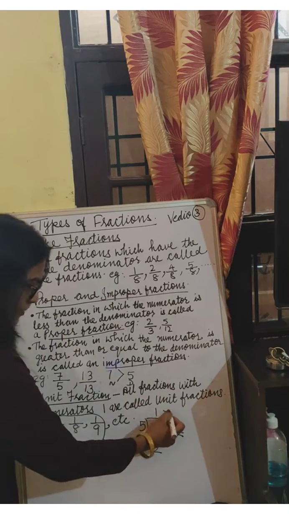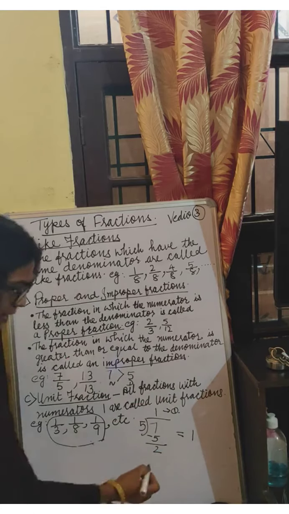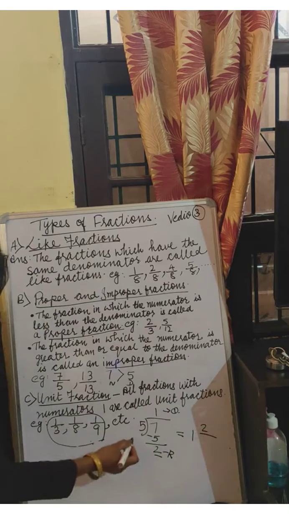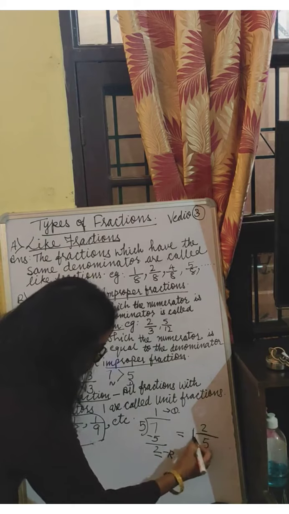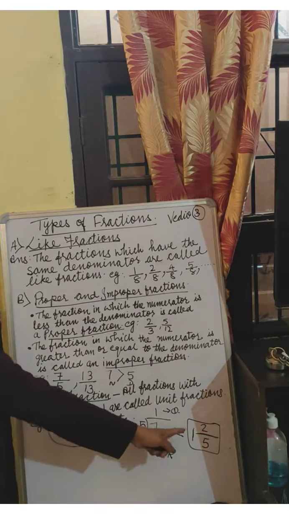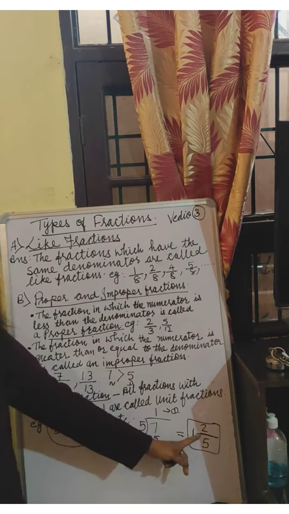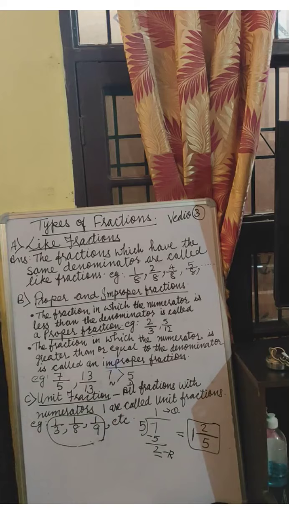The quotient will be written as a whole number, the remainder will be written as the numerator, and the denominator will be the same. So what fraction did you get here? This is a mixed fraction, mixed number, 1 and 2 upon 5. How will you read this, children? 1 and 2 upon 5. 1 and 2 upon 5 is a mixed number or mixed fraction. Okay, children?